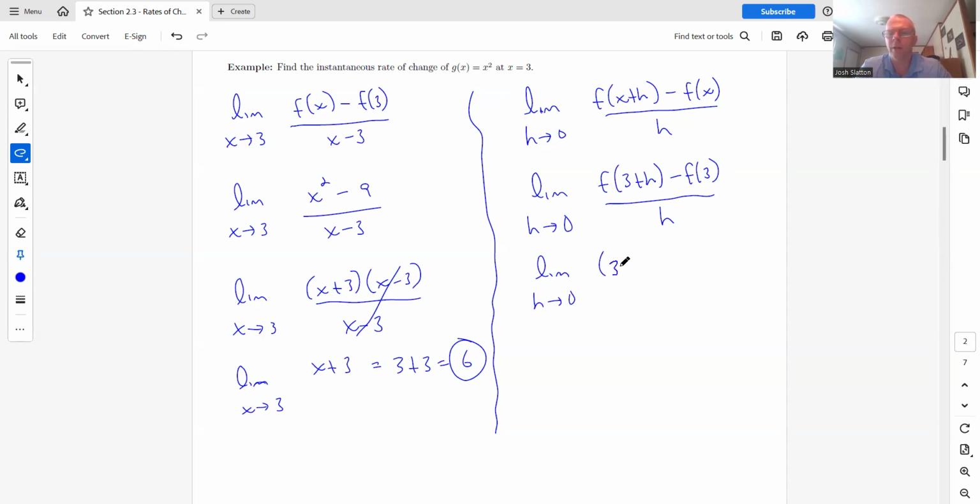So we have 3 plus h squared, and then f of 3, like I said last time, is 9, and that's over h. And then limit as h approaches 0. FOIL this out. So we have 9 plus 6h plus h squared minus 9 over h. The 9s will cancel out. We can factor out an h from what's left.